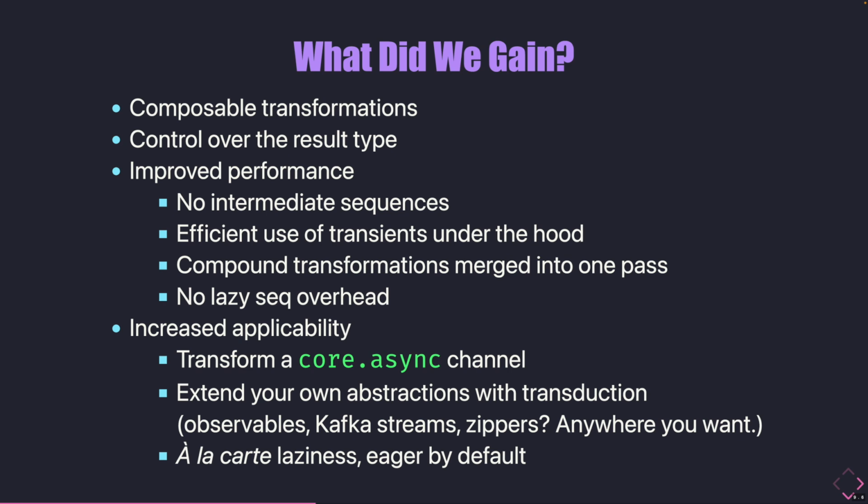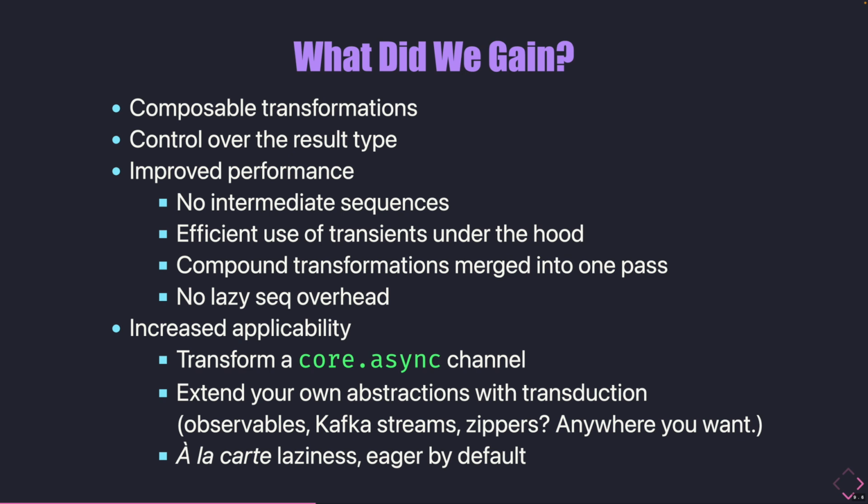We also have a lot of improved performance, actually. By doing it this way, there are no intermediate sequences generated. Remember, I talked a little bit about how the flow of control worked between things like map and filter, and it was bouncing back and forth. Along the way, it was also generating these temporary sequences that would need to be garbage collected after the fact. And that garbage obviously leads to increased memory usage, but the garbage collection also leads to pauses in our program, delays in performance.